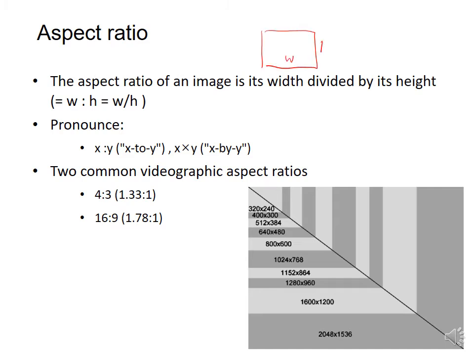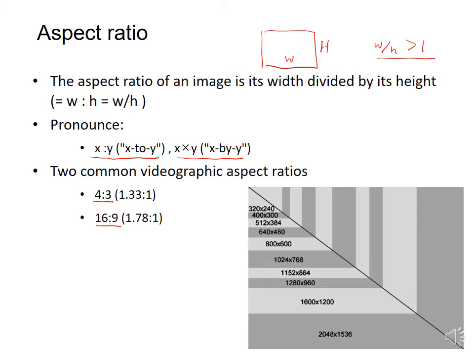The common aspect ratios are 4:3 and 16:9, so it is usually greater than 1. Aspect ratio is pronounced "x to y" or "x by y".